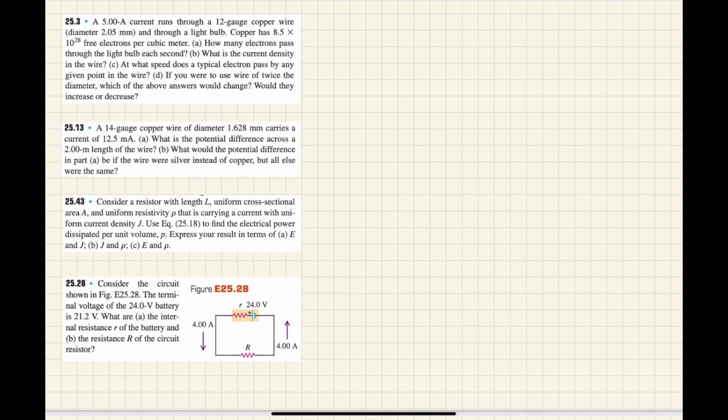We don't have that equation right now, but what it says is that the power per unit volume is given by lowercase p. It's equal to power, uppercase P, divided by volume, and volume is just the length times the cross-sectional area. Because if you think about any shape, the cross-sectional area multiplied by the length gives you the volume of that shape, which is pretty neat.